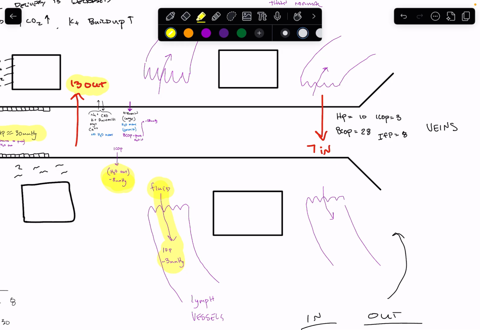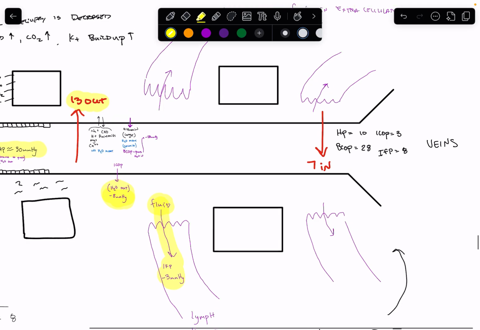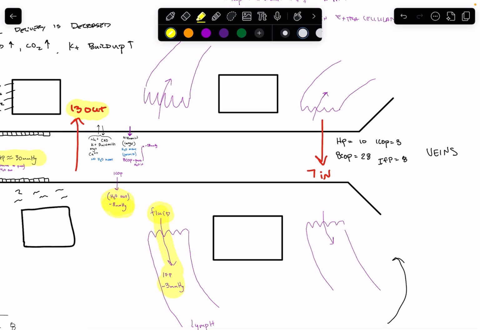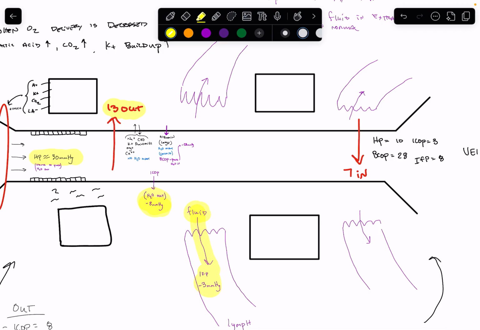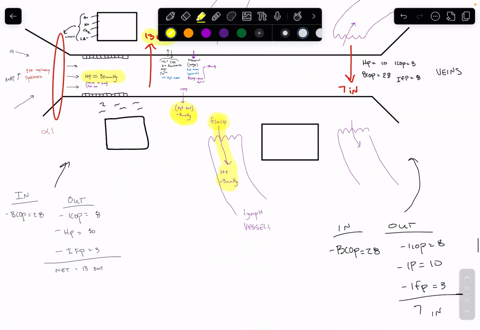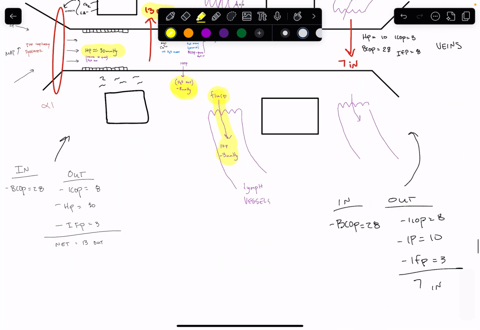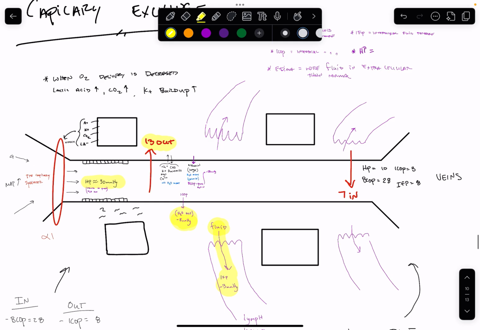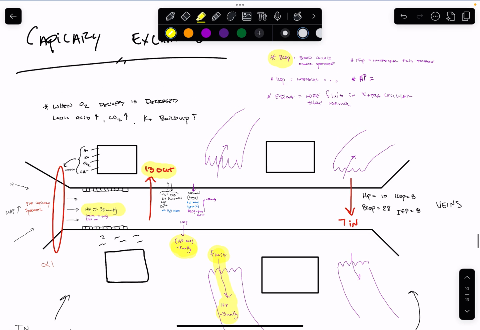But thanks to our lymph vessels, they bring that back and allow it to continue to be filtered and circulated throughout the body. And so on the venule side, we have an HP of 10, a BCOP of 28, an ICOP of 3, and an IFP of 8. And so there's just that constant change of fluid going in and out because of these capillary beds.